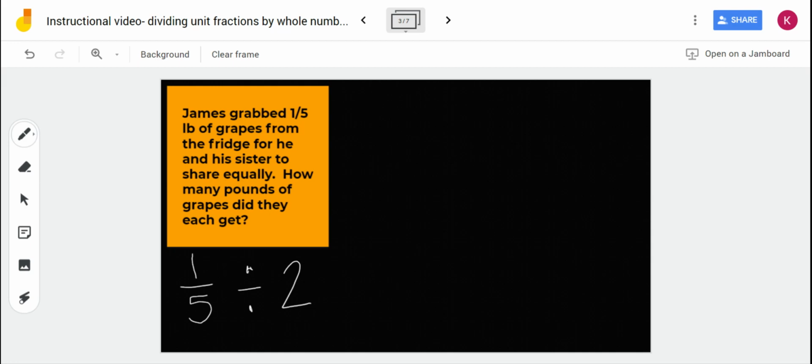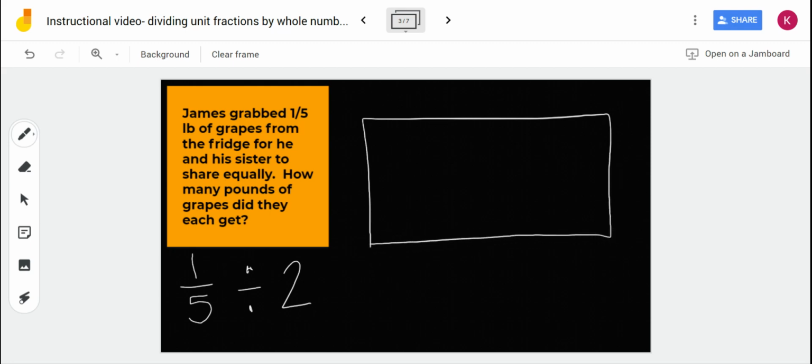If I start with 1/5, I need to model what 1/5 looks like. So I'm going to draw a big rectangle. And I can't have this showing my 1/5 because this shows 1 whole. So this is not all my work. I have more work to do. I have to show my 1/5. So I'm going to split this into fifths.